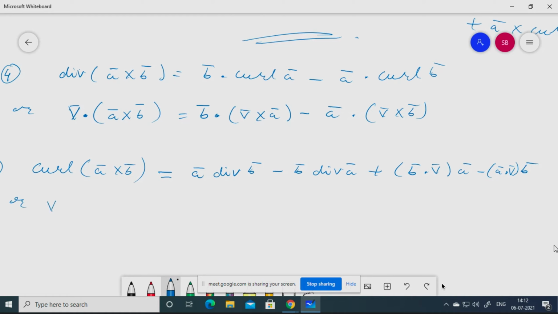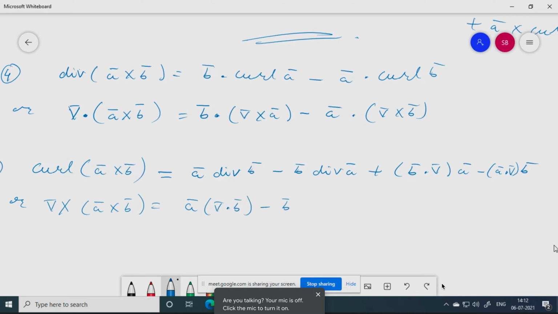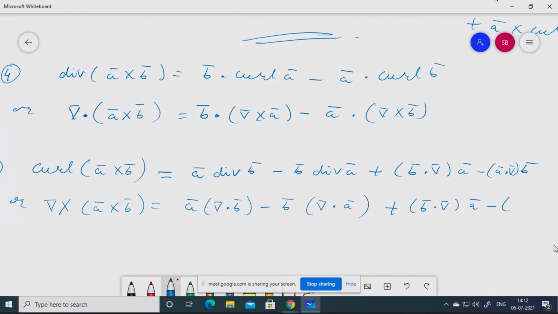Or in notation wise, this is del cross A bar cross B bar. A bar divergence means del dot B bar minus B bar del dot A bar plus B bar dot del A bar minus A bar dot del B bar.